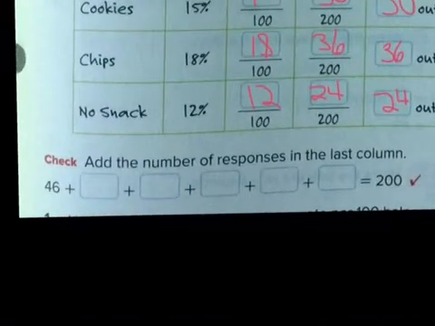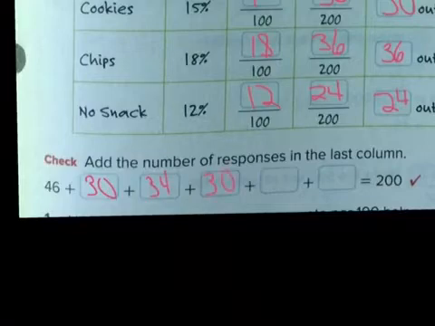We have, for the first one, 30 plus 34 plus 30 again, right? And then you can see the rest, chips were 36 people, and no snacks were 24 people. Okay, all I did, boys and girls, was I took the numbers from this column. And when you add them all up, you will get 200.